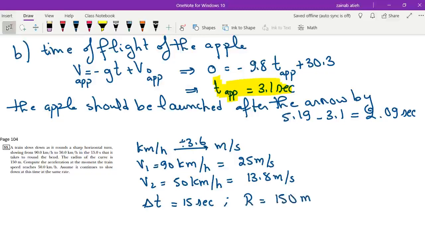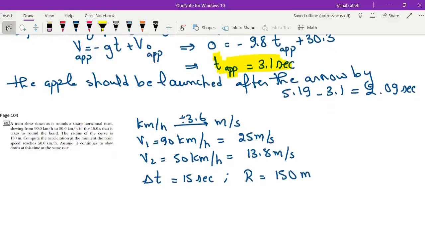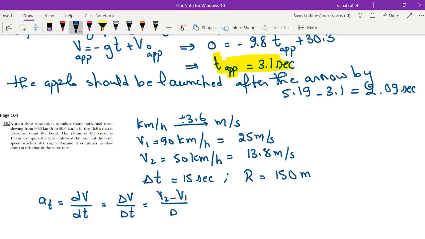Okay, so let's find AT. It's equal to dv over dt. Now if I have a very small time, I can write it as delta v over delta t. It's okay because the question assumes we do this. So it's v2 minus v1 over delta t.